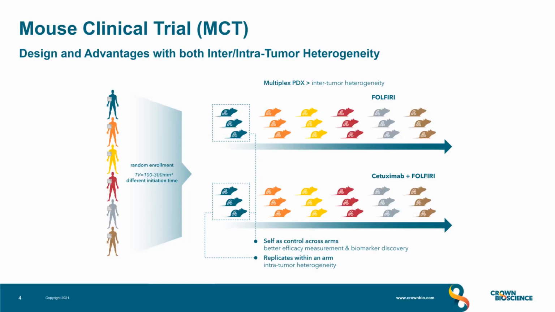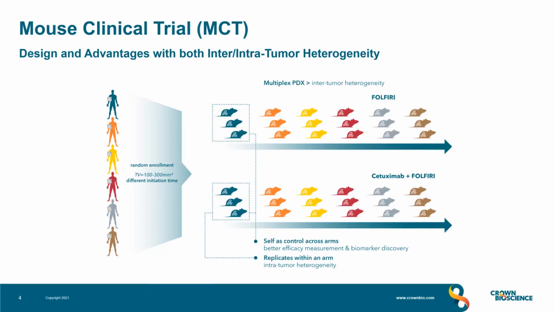In practice, we don't need to start the inoculation at the same time, but rather randomly enroll a mouse to an arm when its tumor volume reaches a certain size, say between 100 and 300 cubic millimeters. So it is a randomized control trial.